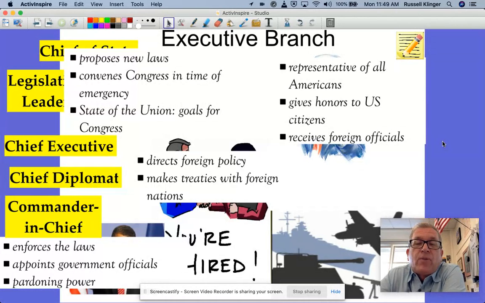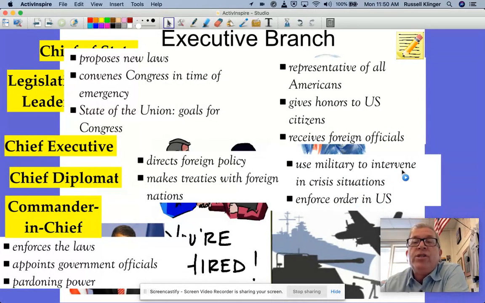One thing a president can do that nobody else can is award the Medal of Honor, our highest military award. There's also another medal only they can give out called the Medal of Freedom, the highest medal given to a non-military person, or a civilian. They also receive foreign officials, foreign diplomats, and leaders of other nations. They are essentially our face of America.